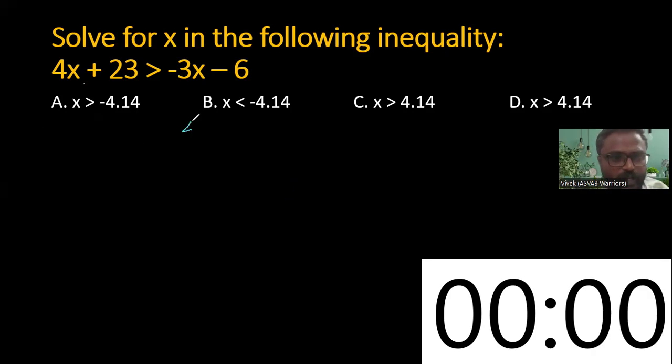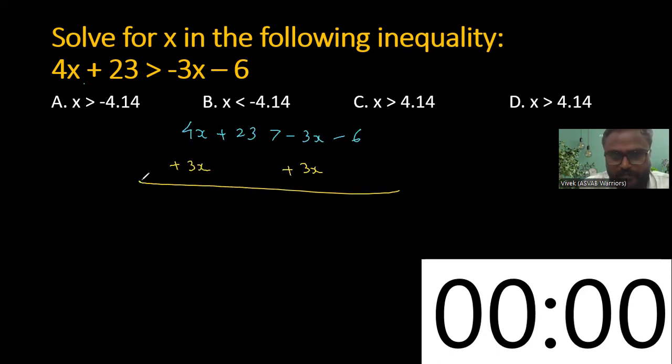Here we have 4x plus 23 greater than negative 3x minus 6. Now let's add 3x to both the sides. What do we have? 4x plus 3x is 7x plus 23 greater than negative 6.